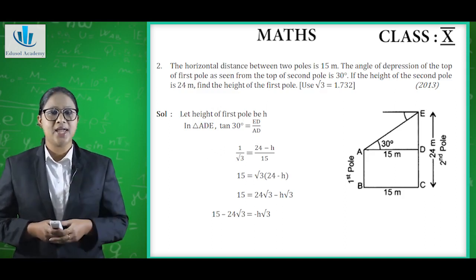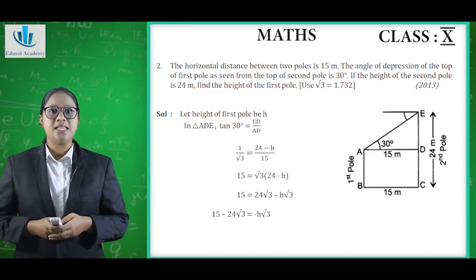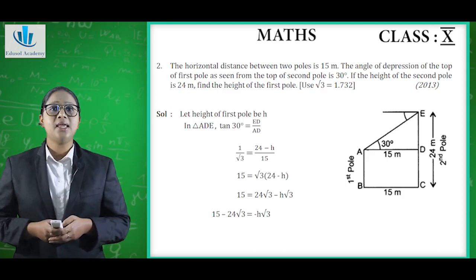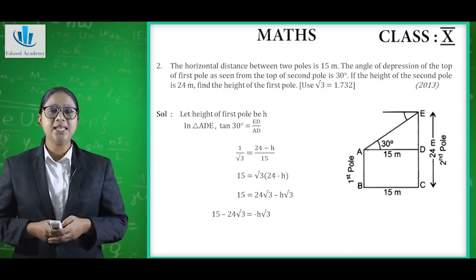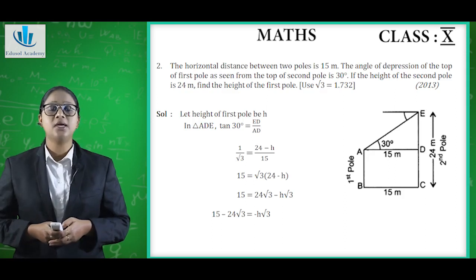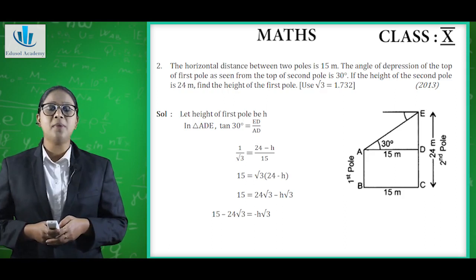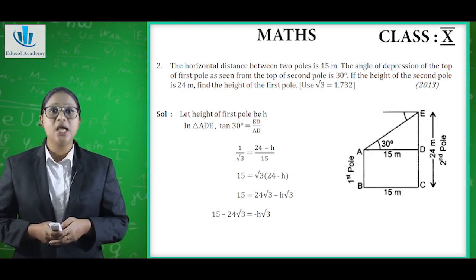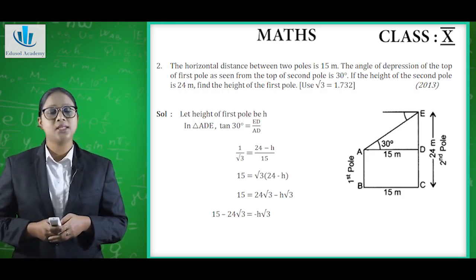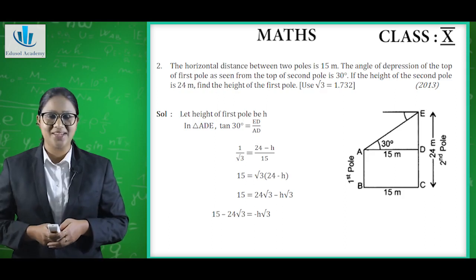Now we will take the triangle ADE. In that, tan 30 degree will be equal to ED by AD. Now ED is equal to 24 minus H. We have taken the height of the first pole as H. So 24 minus H by 15 will be equal to tan 30, that is equal to 1 by root 3.